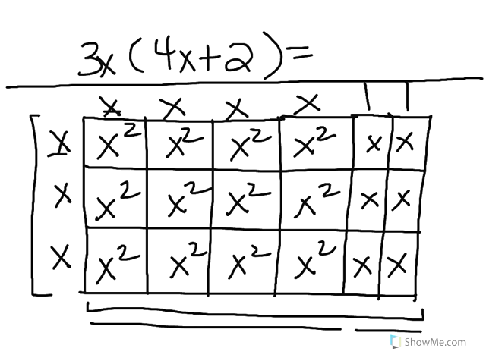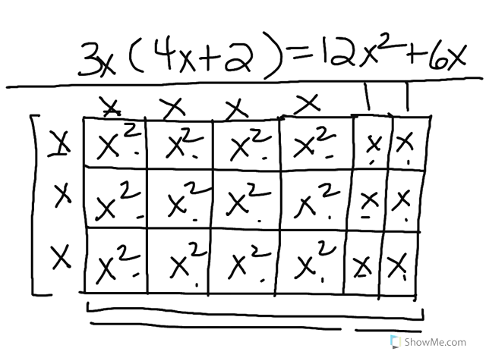Well, let's add them all up. We have 1, 2, 3, 4, 5, 6, 7, 8, 9, 10, 11, 12 x squareds. And we have 1, 2, 3, 4, 5, 6 x's. And that's the answer. That's the product. 3x times the quantity 4x plus 2 is equal to 12x squared plus 6x.